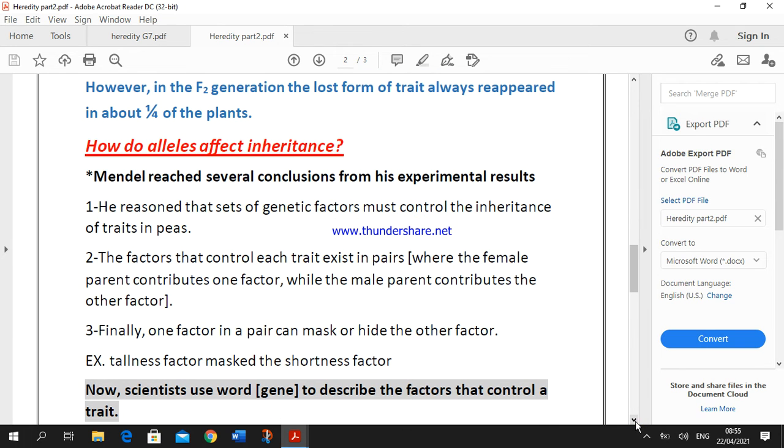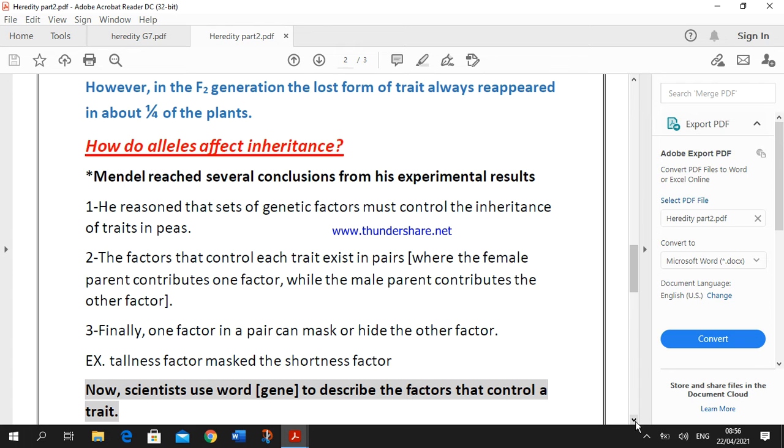Okay. Number one, the first conclusion: he reasoned that sets of genetic factors must control the inheritance of traits in pea plants. Okay.